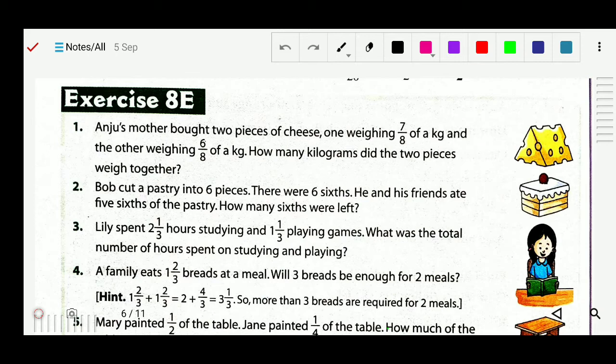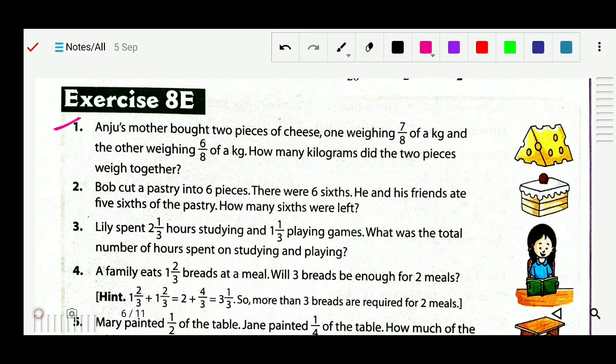First question is here: Anu's mother bought 2 pieces of cheese, one weighing 7 by 8 of a kg and the other weighing 6 by 8 of a kg. How many kilograms did the two pieces weigh together?